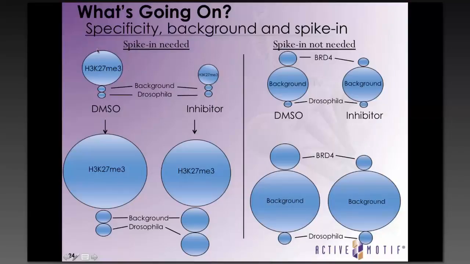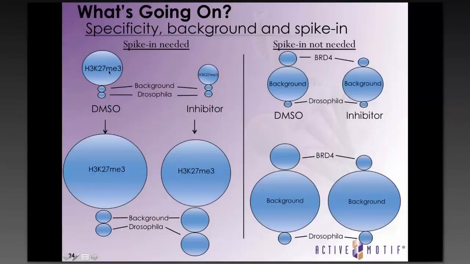So what we think is going on is when you use an antibody against H3K27-trimethyl, that antibody is specifically pulling out the majority of the DNA in the reaction, and only a minority of the DNA is coming from background or from, in our case, the spike-in. So in the presence of the inhibitor, you're pulling out much less DNA, but the background and spike-in is remaining consistent.